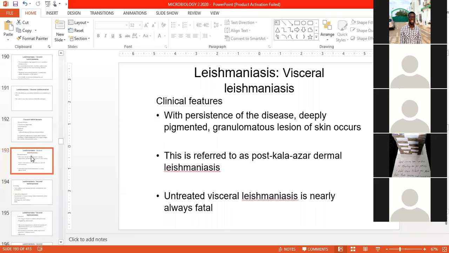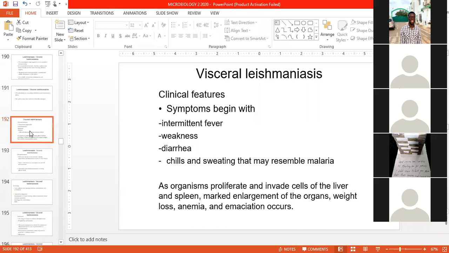So my question is, how does it? The reduction in the production of the red cells will result in anemia. Okay, so my question is, you mentioned another name for it. You mentioned the name. I think it's on slide 192. Please, can you go back so that I see it? Yes, you're there.